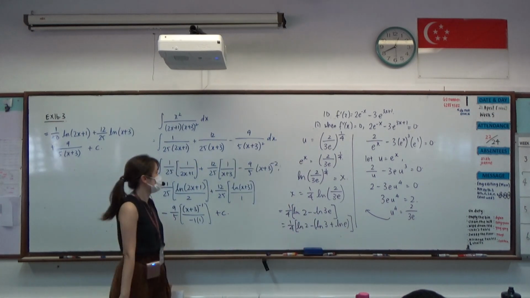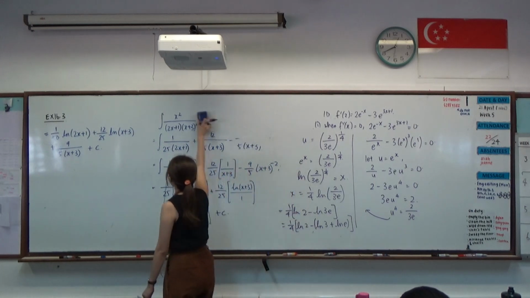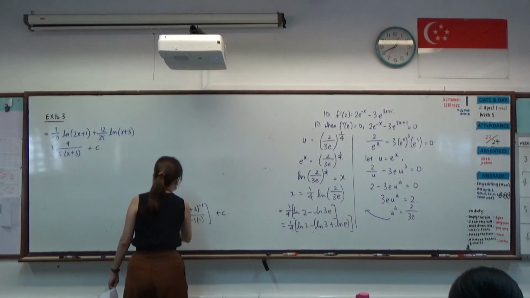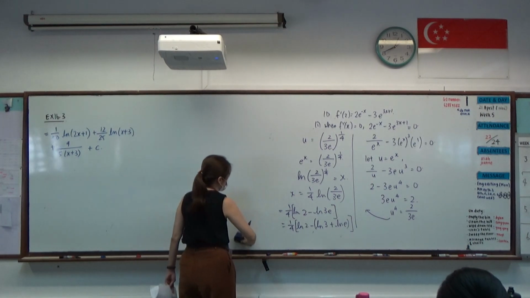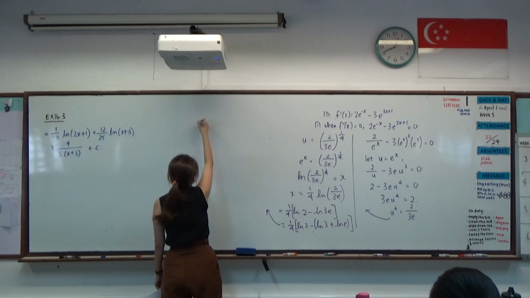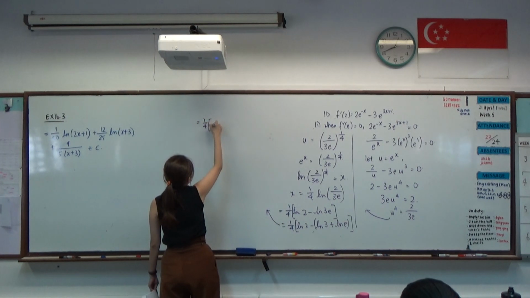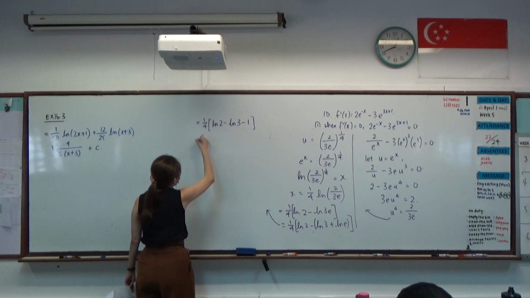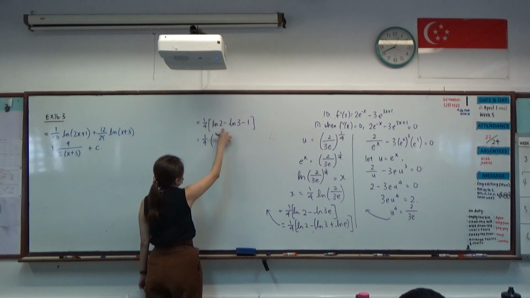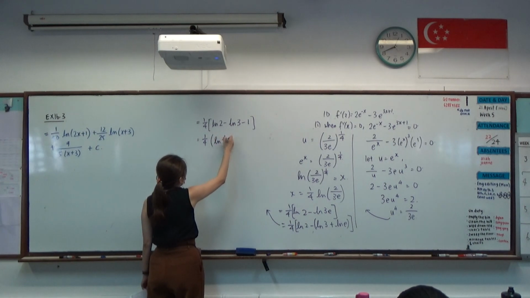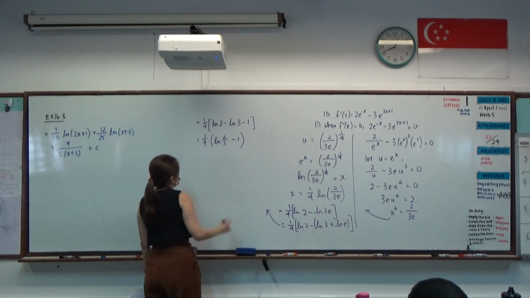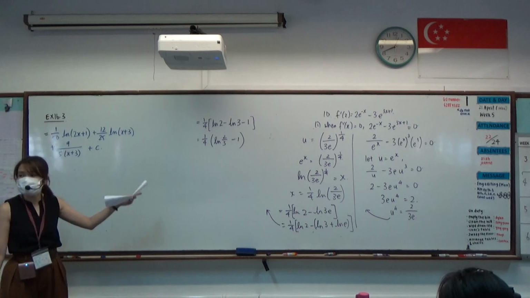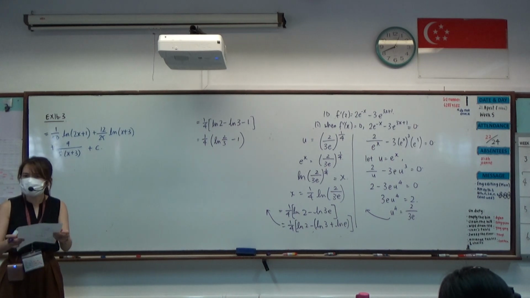Ln e is 1. So ln 2 minus ln 3 is ln 2 over 3, minus 1. So that's how we get this answer. I guess this is the answer in your textbook. Am I right?